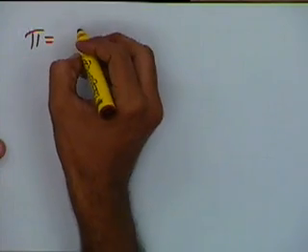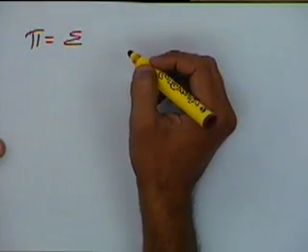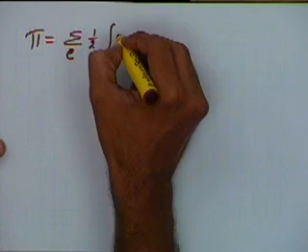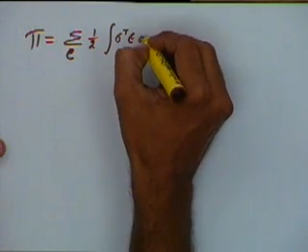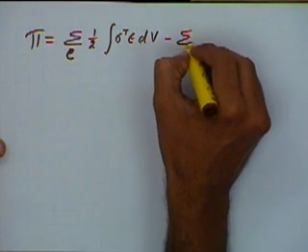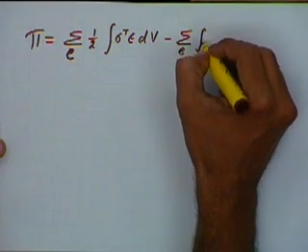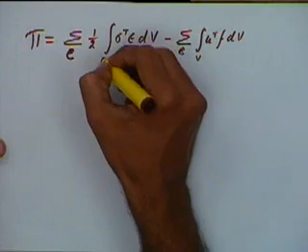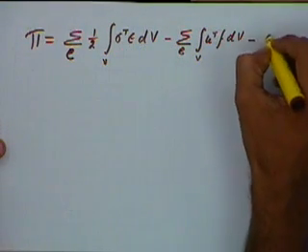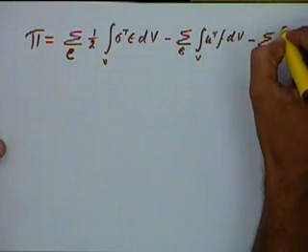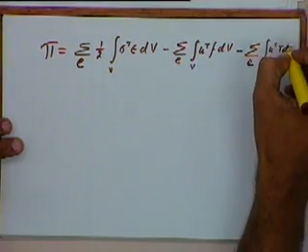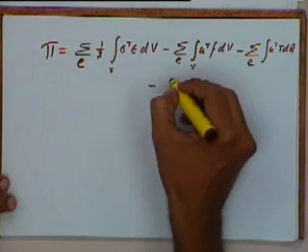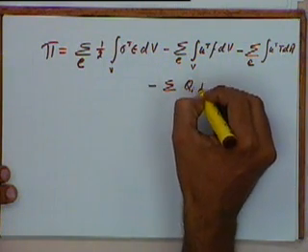Potential energy is given by the summation over all the elements of half integral of sigma transpose epsilon dV, minus summation over all the elements of integral u transpose f dV, again volume integrals, minus summation over all the elements of integral u transpose T dA, minus summation of qi Pi.